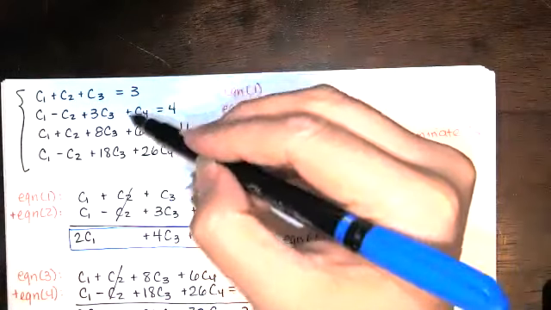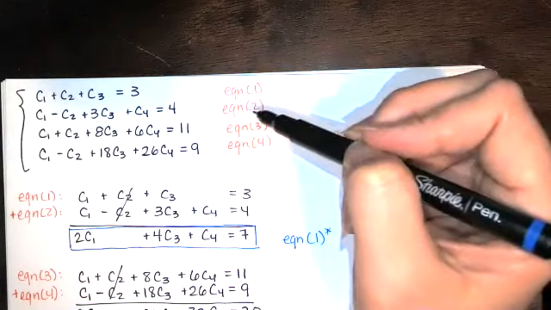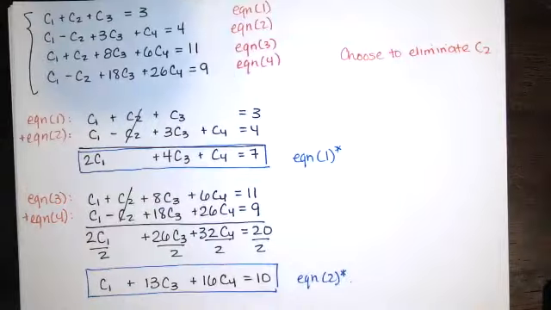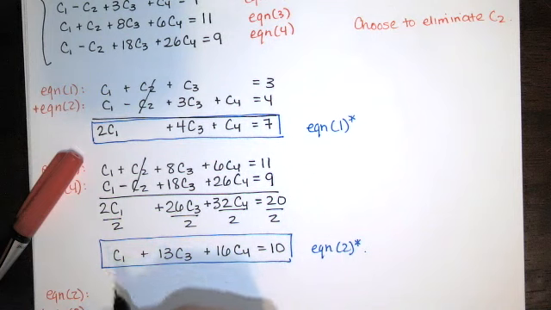So now I just need to pick one from these 2 and one from these 2 and then add them together. So I think I'll do equation 2 plus equation 3, because those still have opposite signs. Equation 2 is right here.